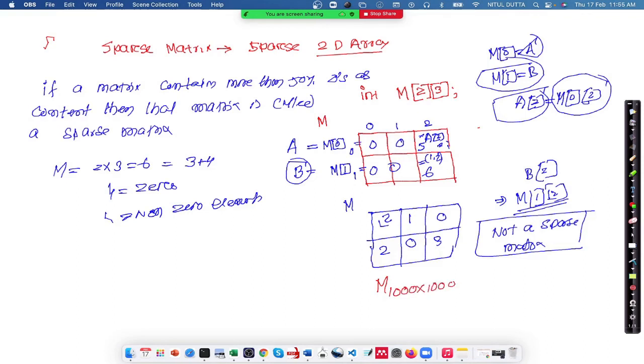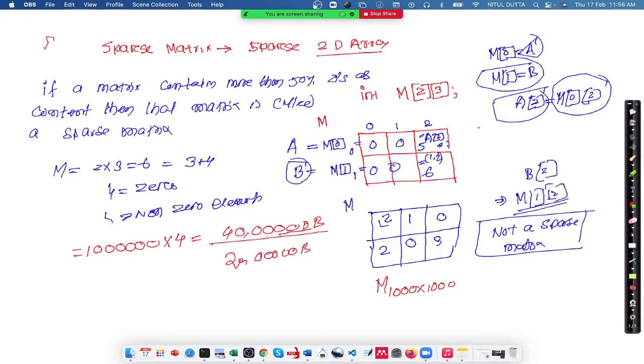Then the total number of elements will be 10 lakhs. If each is of type integer, that means multiplied by 4, which equals 40 lakh bytes, that is 4000 KB of data. However, 50% of this, which is 20 lakh bytes, are all zeros.